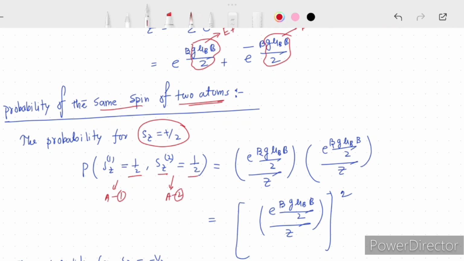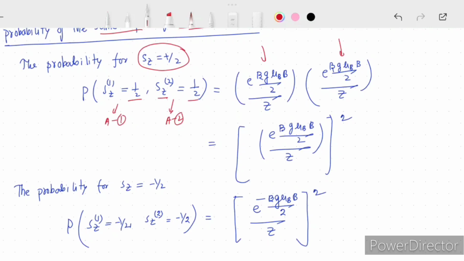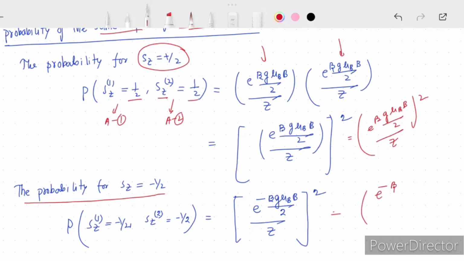Finally we get e to the power g mu_B B upon 2, upon Z, whole square. Similarly, the probability for Sz equals minus half is e to the power minus beta g mu_B B upon 2, upon Z, whole square.